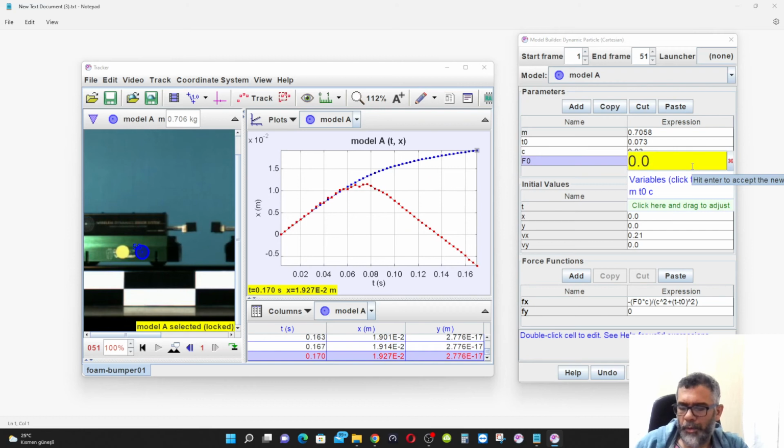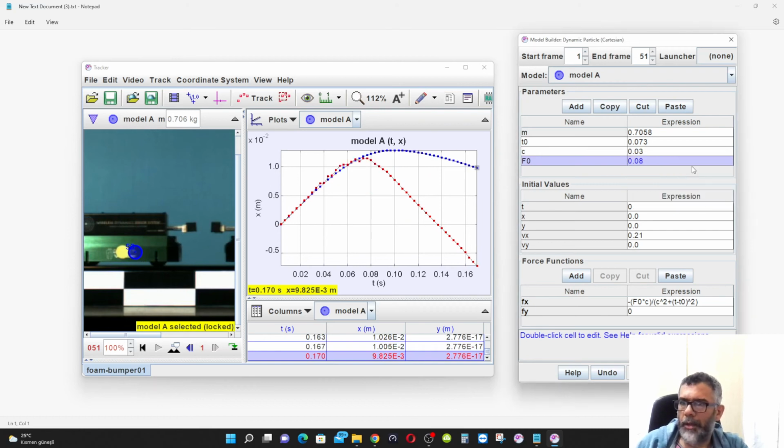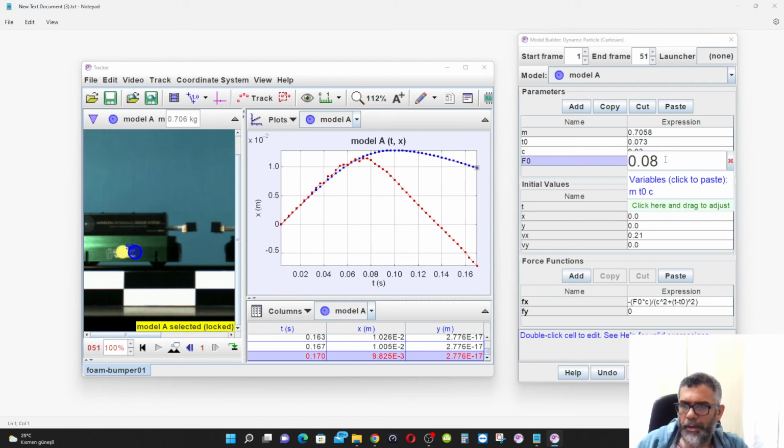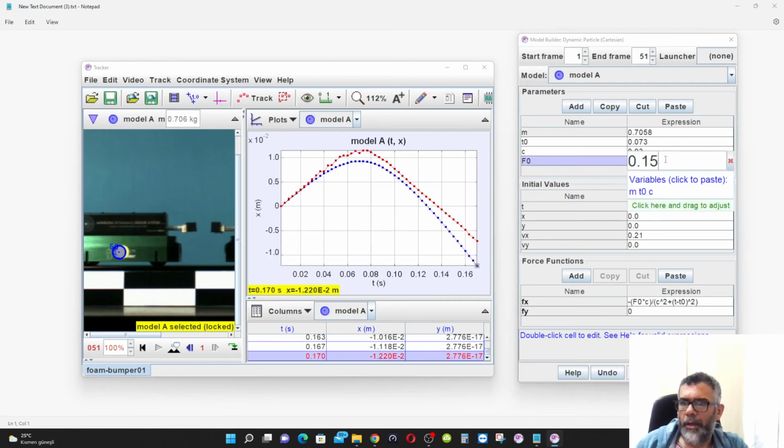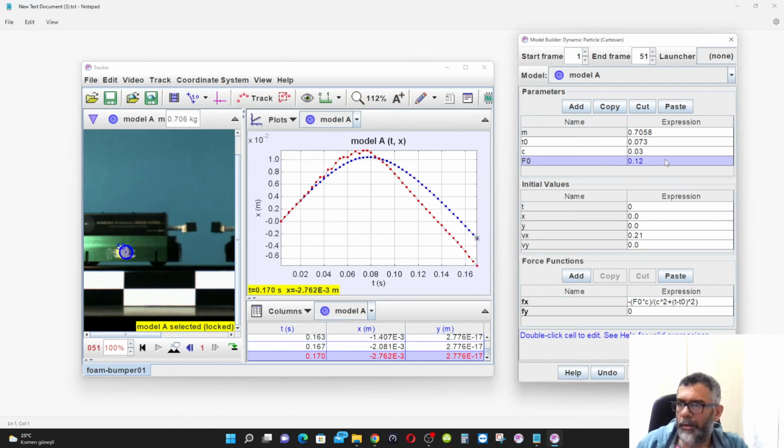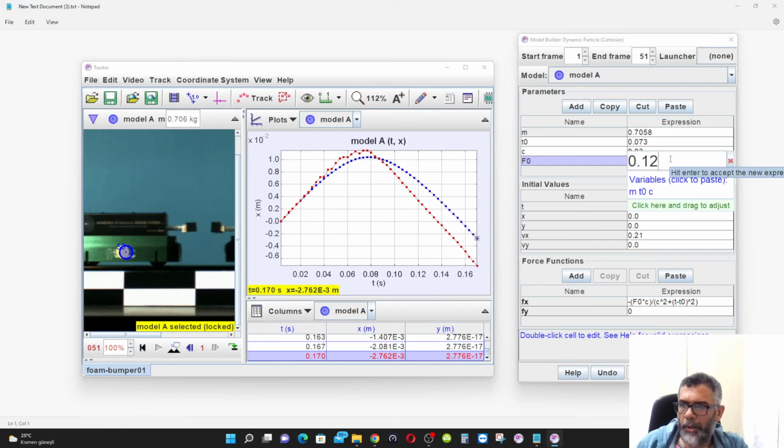0.5 is small, 0.8, we're getting there. At least until the collision, we are almost overlapping with the raw data. But let's increase this further, maybe 1.5. Oh, it's large now. Let's make it smaller. Okay, so it's getting there. What about 3?